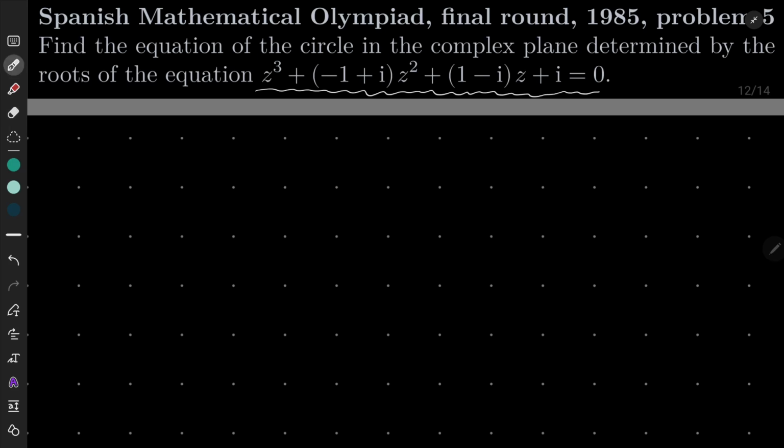Okay, so let's take only the left-hand side of our equation, z cubed plus (minus 1 plus i) times z squared plus (1 minus i) times z plus i.